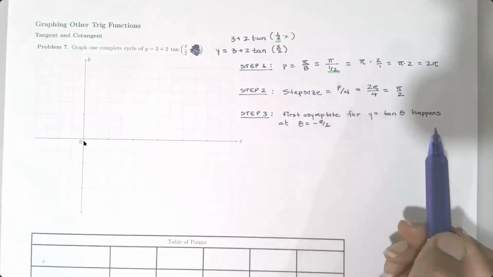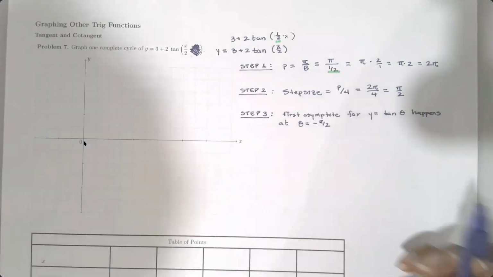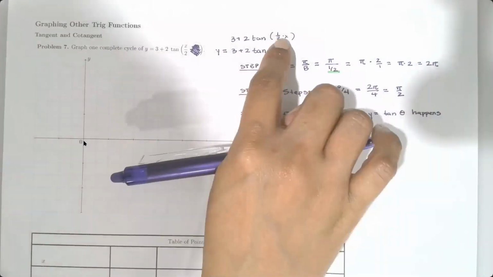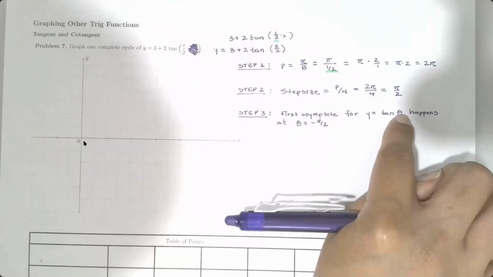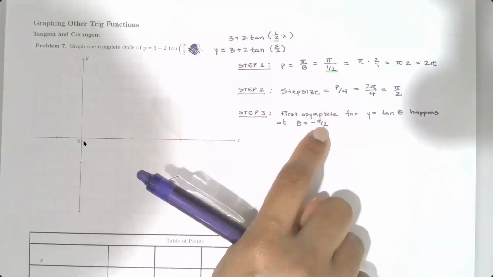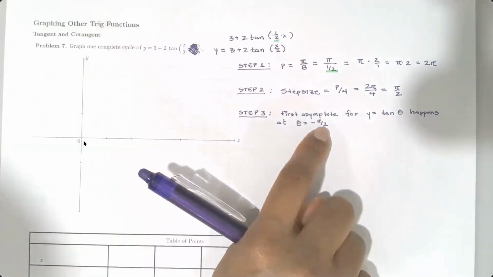So that's an asymptote. So now, if we compare that against what we have, a 1/2 x instead of a theta, that means that we would want the 1/2 x to be equal to -π/2 to get that undefined.